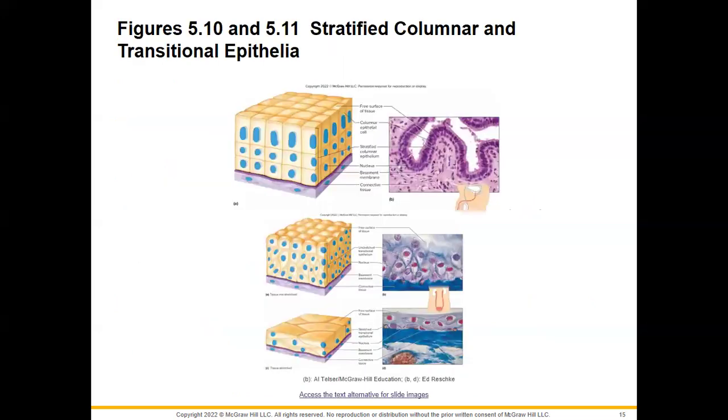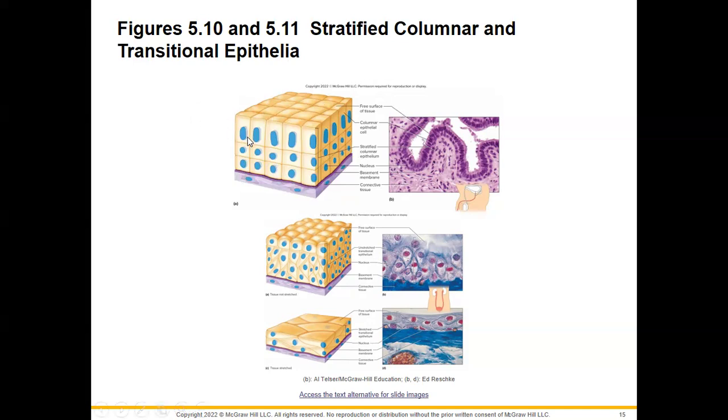So when we look at this top image, you'll see you have multiple layers. You have a free end, so the free surface is not connected to anything. You have the basal layer that the cells are all connected to. So the bottom layer is connected to this basement membrane that is the signature of epithelium.